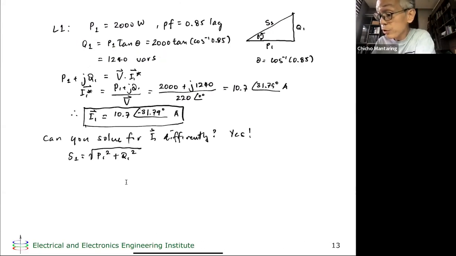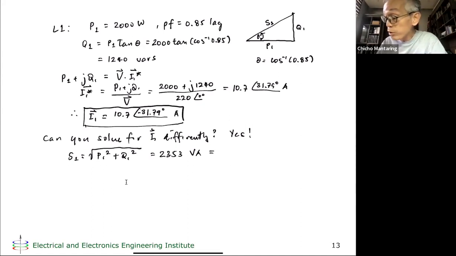So I can now compute for S1. I don't have that in my notes because I just thought of this now, but let me do it. This is going to be 2353 volt amperes, not volt amperes reactive. S is volt amperes.